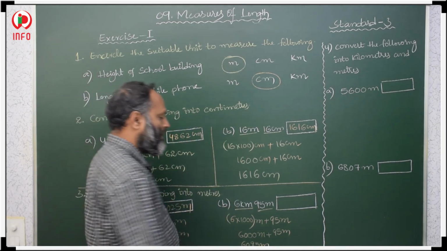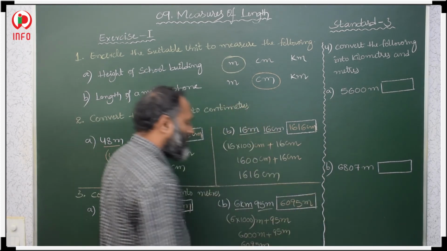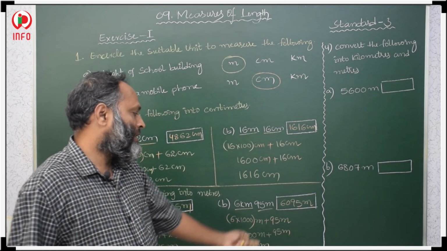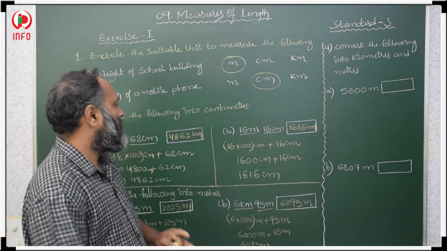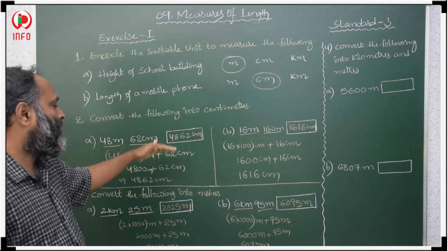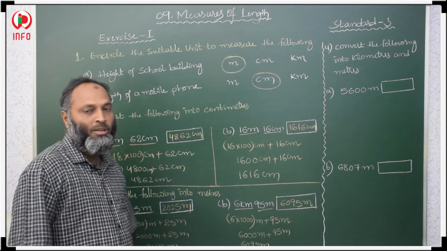So 6 kilometers 95 meters is 6095 meters. This is the conversion of meters into centimeters, and this is the conversion of kilometers into meters.